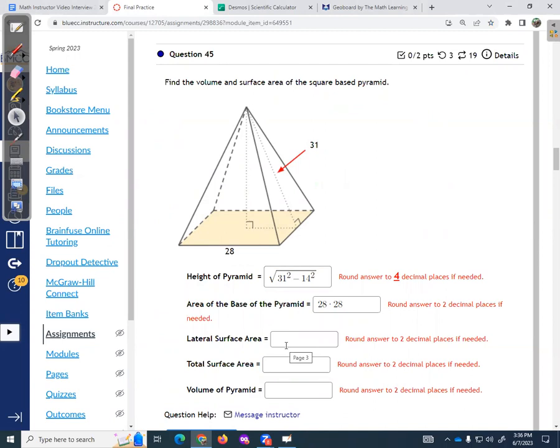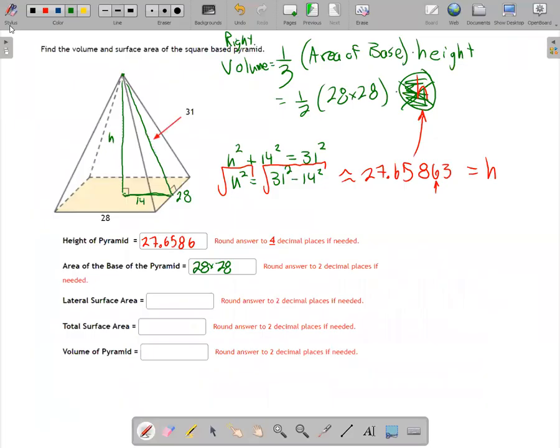All right, lateral surface area. The lateral surface area is these sides that are kind of vertical. Lateral means side, ignoring the base. Total surface area would include the base.